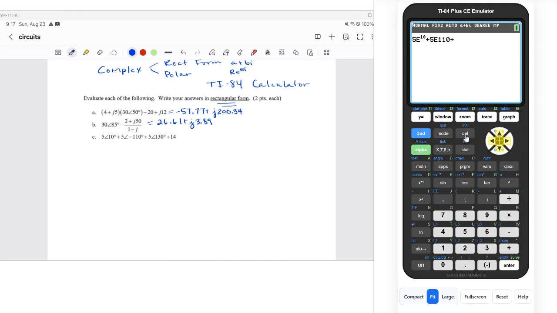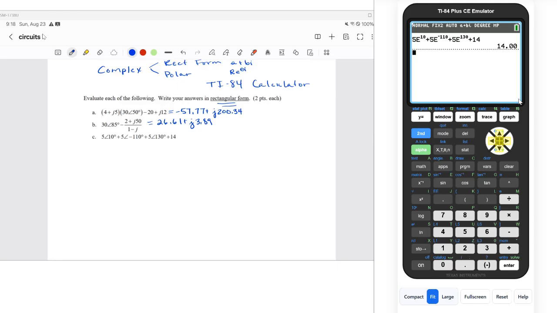So I need to delete that out. So exponent minus 110 plus 5 E exponent 130 plus 14.